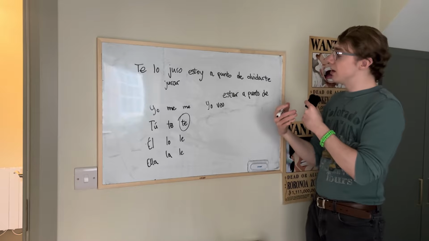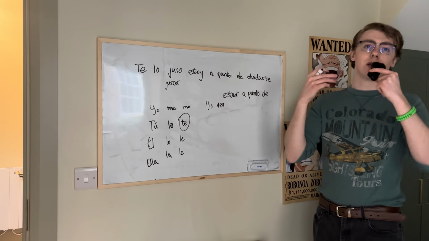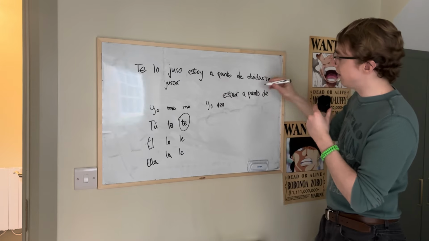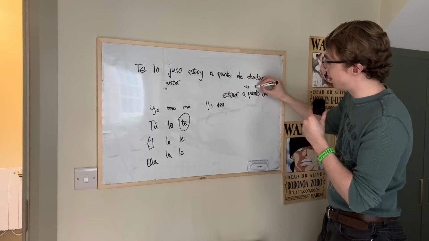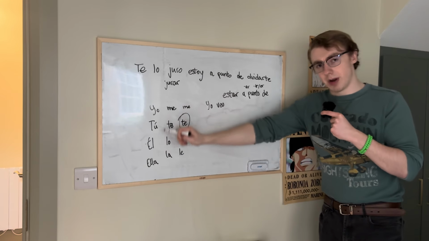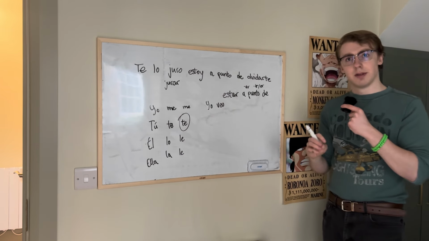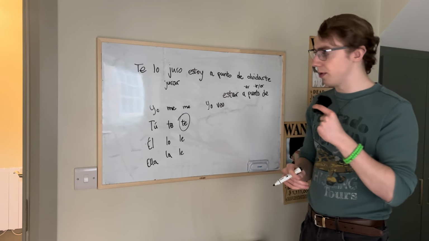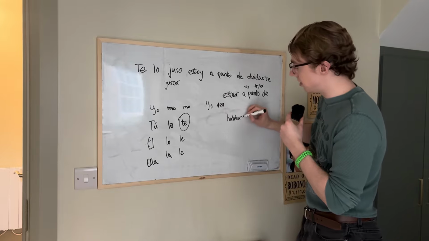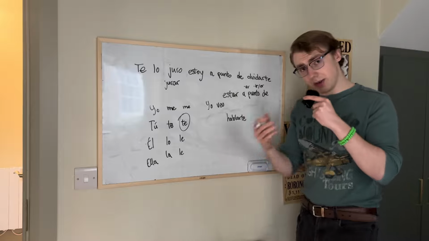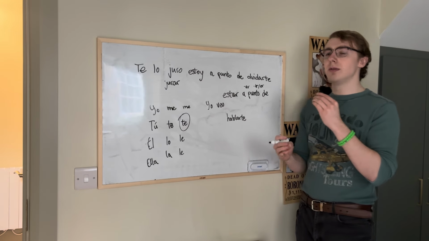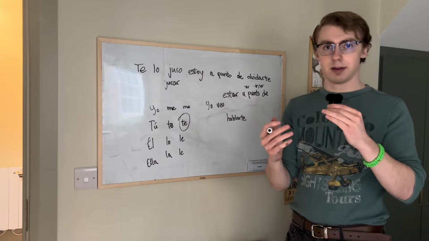Estar a punto de olvidarte is about to forget you. Now, when you have an infinitive verb, aka a verb in its AR form or its IR, ER form, you can put an object pronoun at the end of it to mean like to forget you. Or to speak to you would be hablarte, to speak to you. So if I were to say, I want to speak to you, yo quiero hablarte. If I want to see you, yo quiero verte.